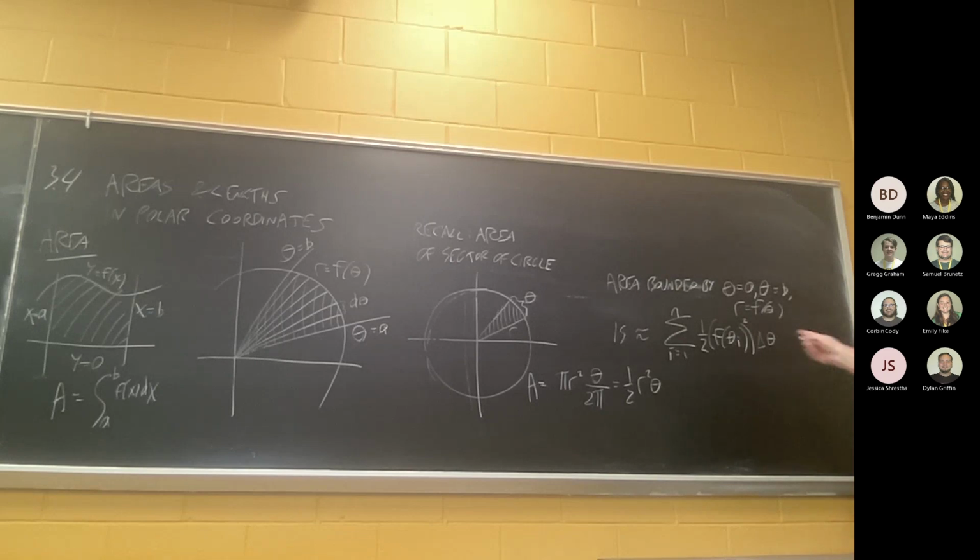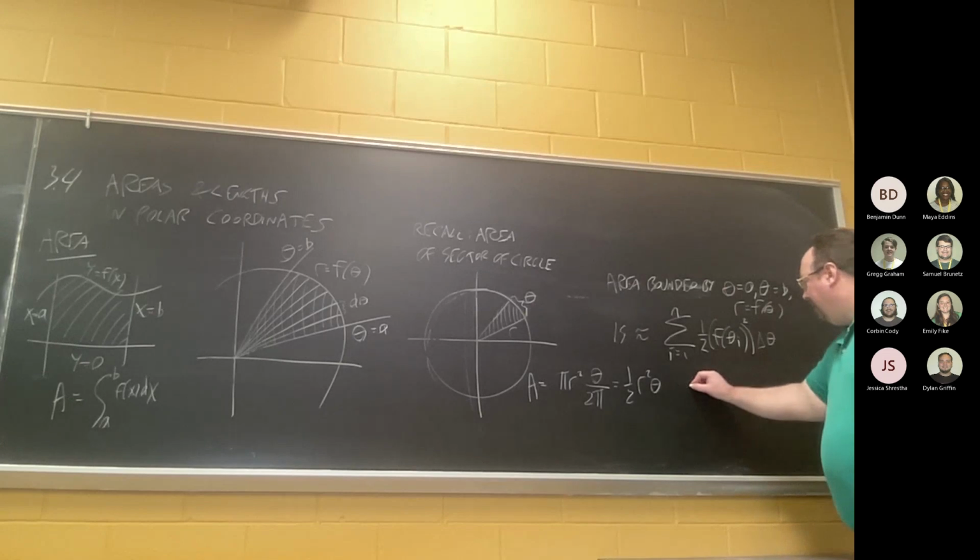So then I could add all of these up. And what kind of sum is this? What do we call this kind of sum, with terms that are a product of a function value and then a spacing? It is a Riemann sum.